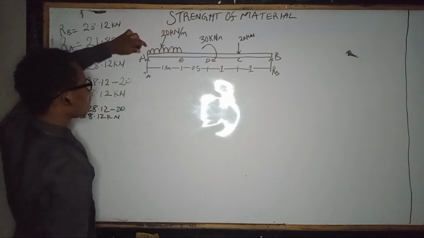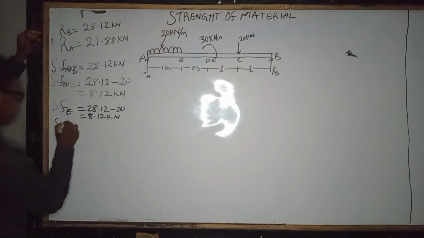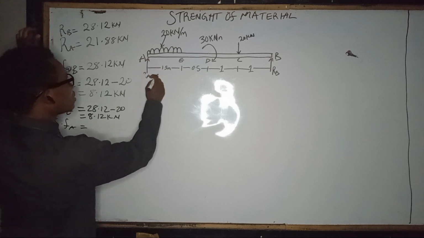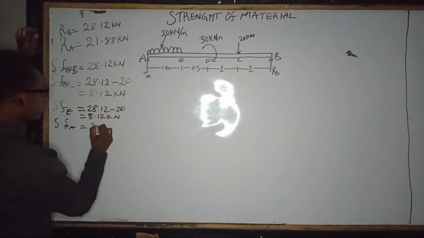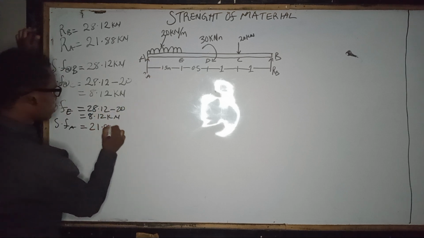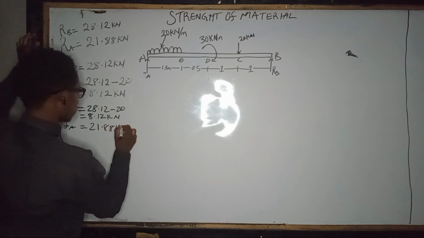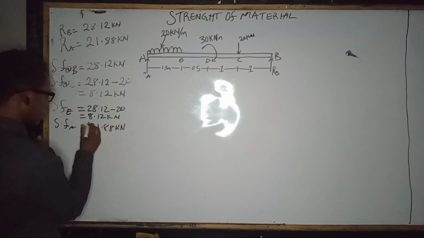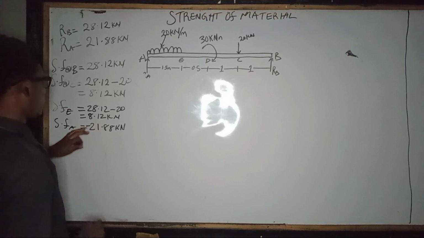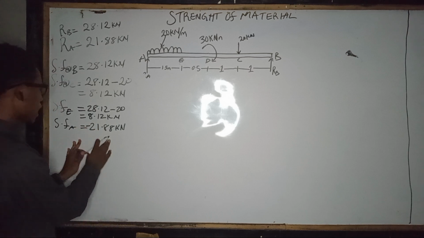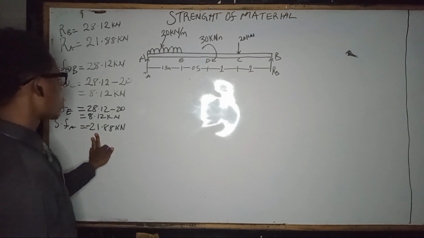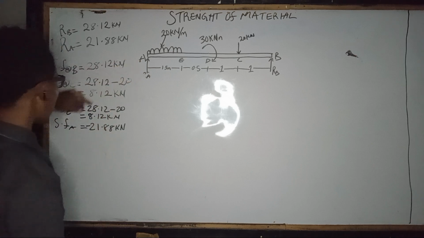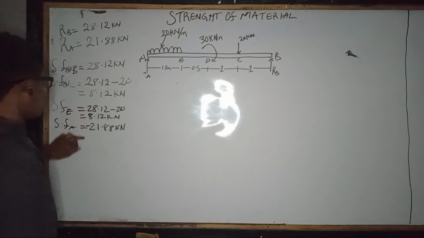But now our shearing force at A will be the reaction at A, which is 21.88 kilonewton, but in negative form, so we have minus 21.88 kilonewton at this place, and we have 8.12 positive and negative here.